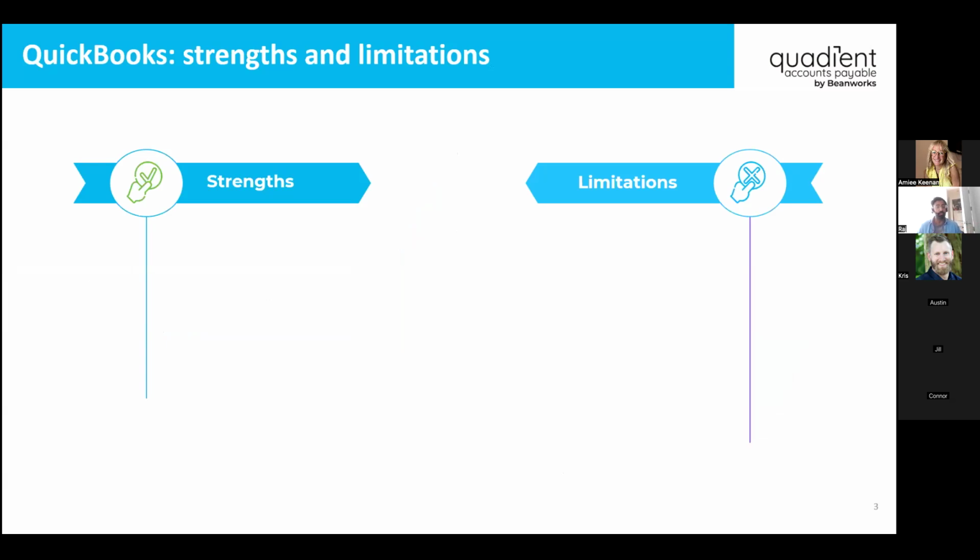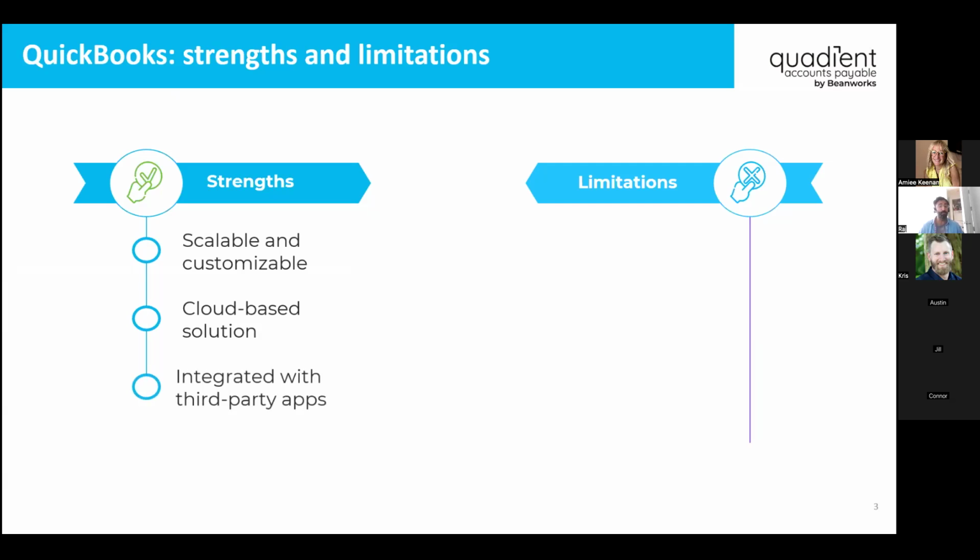Among QuickBooks' many strengths is that it can scale all the way up to enterprise level and provides a fully customizable solution tailored to each user's needs. QuickBooks Online offers a cloud-based solution that can be used anywhere, at any time by multiple users. And crucially, QuickBooks integrates with many third-party applications to extend its functionality beyond what comes out of the box.